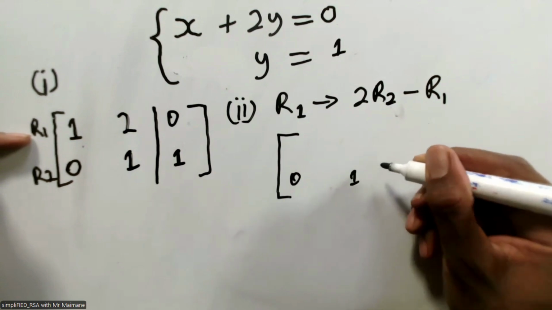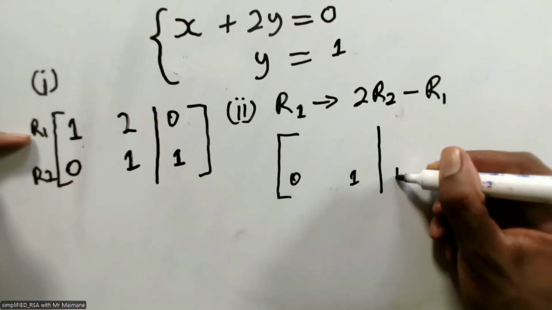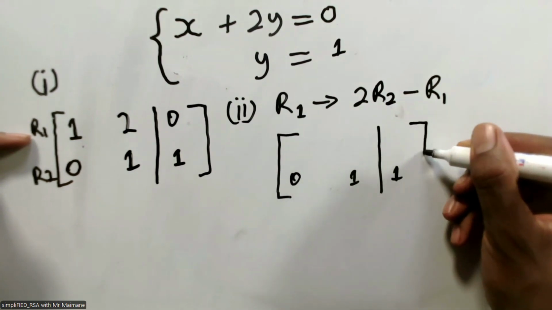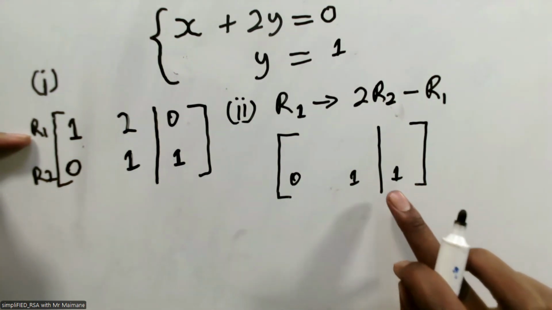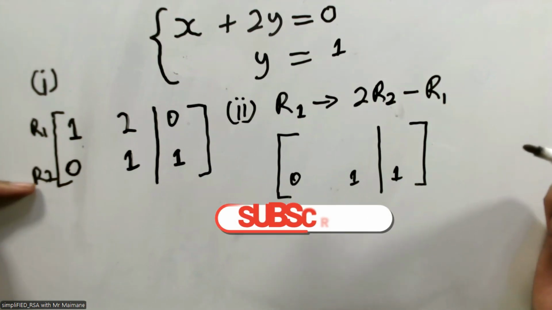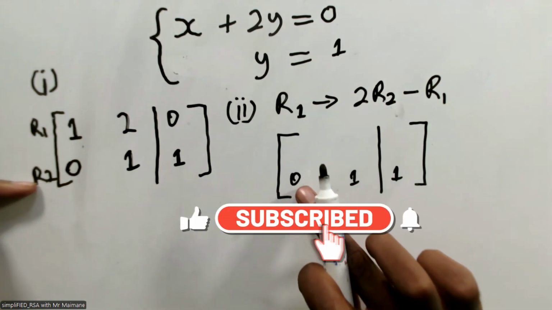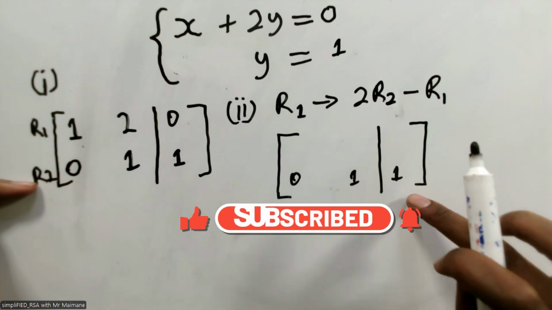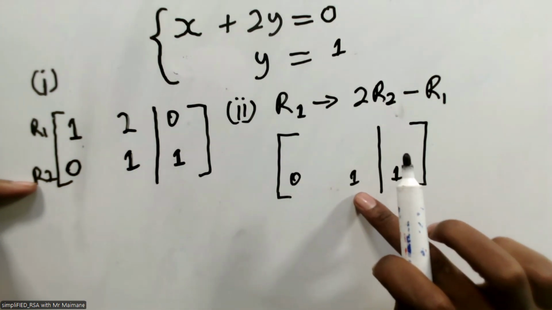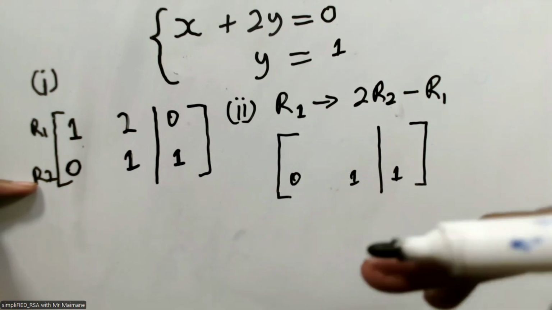I'm writing the second row as it is. I'm happy with the second row because it already tells me that the value of y is 1, but I have to solve the value of x. To solve the value of x, I have to manipulate the second row by multiplying it by 2, and then I subtract the first row.